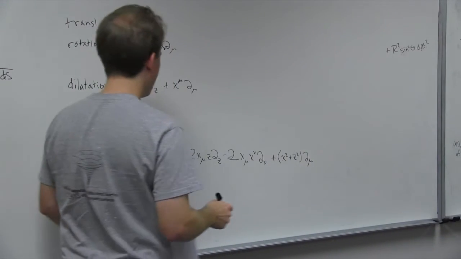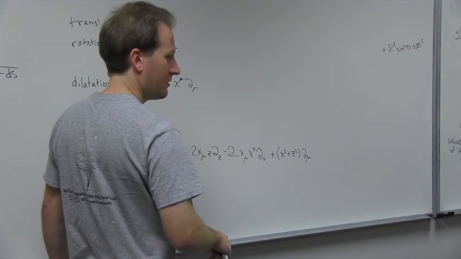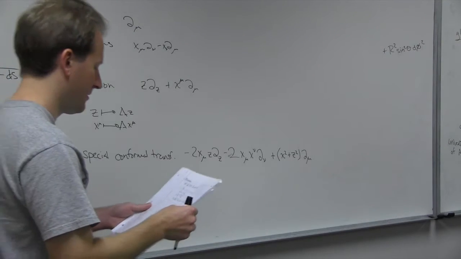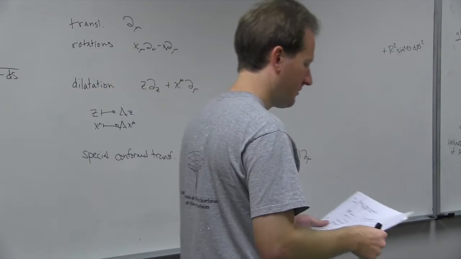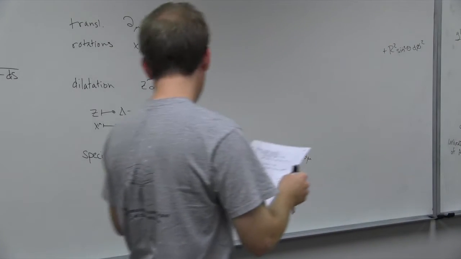Okay. So mu is a free index, so it's kind of like a translation, or a generalization of a translation. We'll talk about what it is in the field theory in a few minutes, actually.